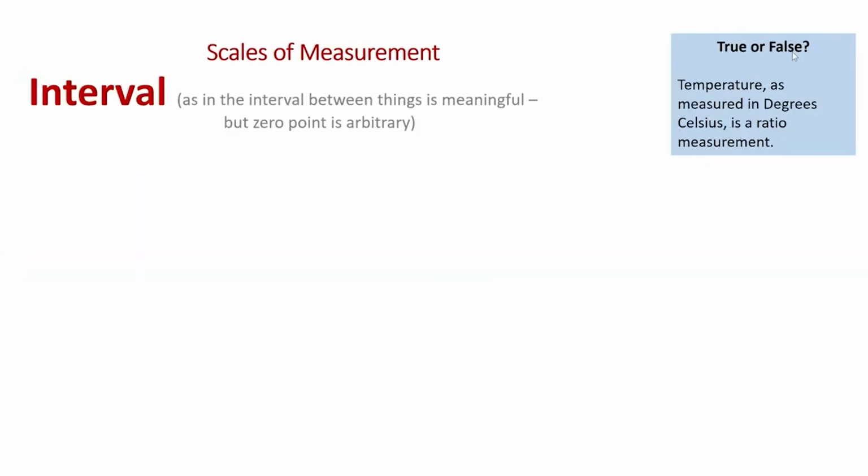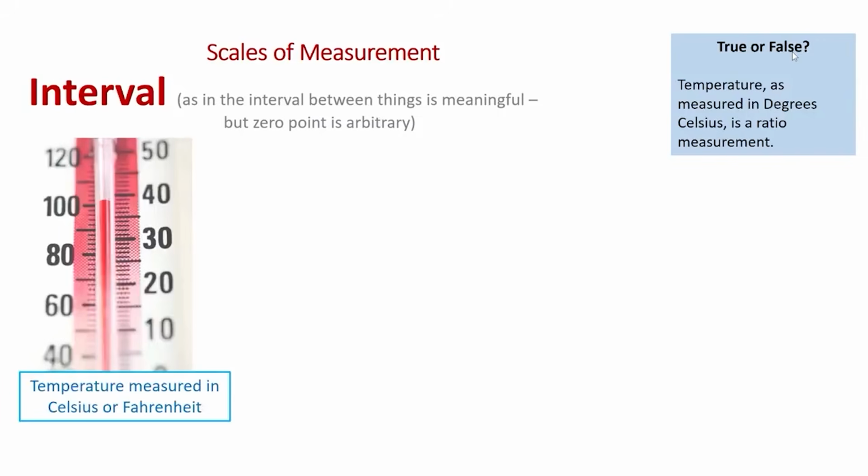The next scale of measurement is interval. As in, the interval between things is now becoming meaningful, but for an interval scale, the 0 point is arbitrary. Classic examples of interval scales from other disciplines: temperature, if you measure it in Celsius or Fahrenheit, is a classic interval scale because the distance between the units is meaningful. However, the 0 point is arbitrary.